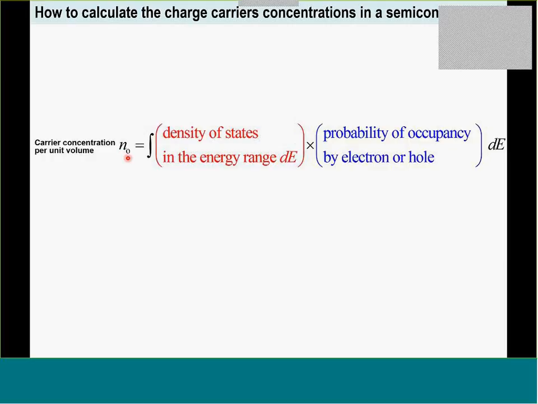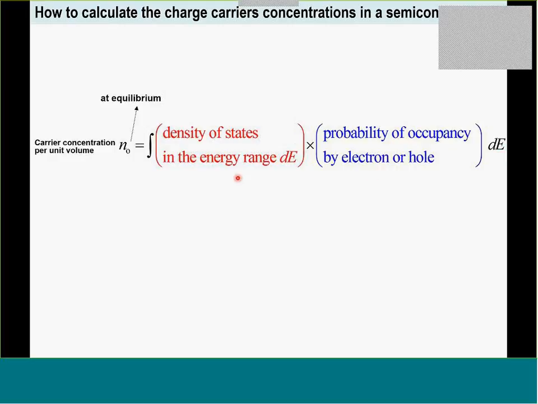The subscript zero means it's at equilibrium, where it's equal to the integration of the density of states in the energy range E, multiplied by the probability of occupancy either by electrons or by holes, and we integrate it across E.